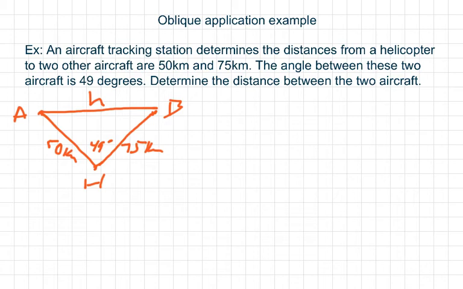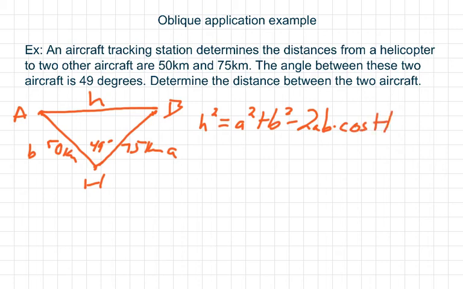According to what we learned with the law of sines and law of cosines, I don't have a corresponding side and angle, and I can't use the 180 rule. I'm stuck using the law of cosines. So the law of cosines in this case, I'm going to label this side little a and this little b, is h squared equals a squared plus b squared minus 2ab times the cos of angle h.